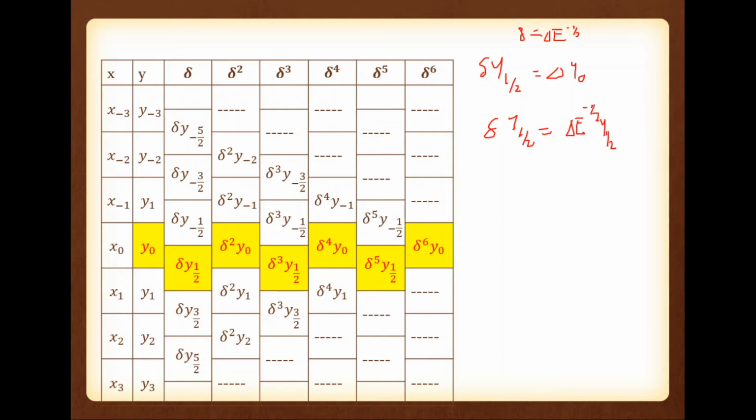So minus 1/2 plus 1/2, it will become delta y0. So this term we can replace with delta y0.